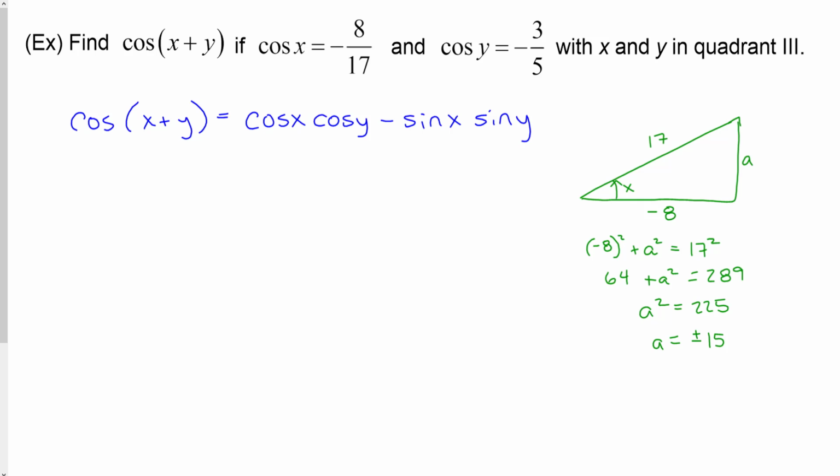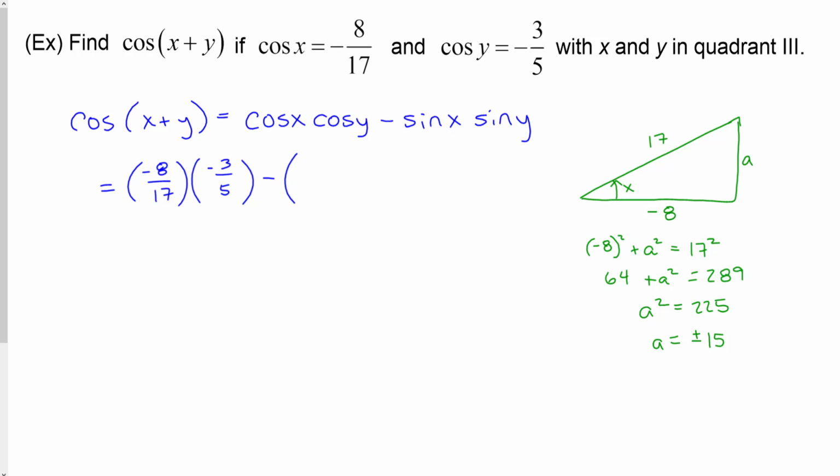All right, so here's what I know so far. Cosine of x plus y is cosine x, which is negative 8 over 17, times cosine y, which was given as negative 3/5, then it's minus sine x. All right, so the sine of x, and x is in quadrant 3, this needs to be a negative number.